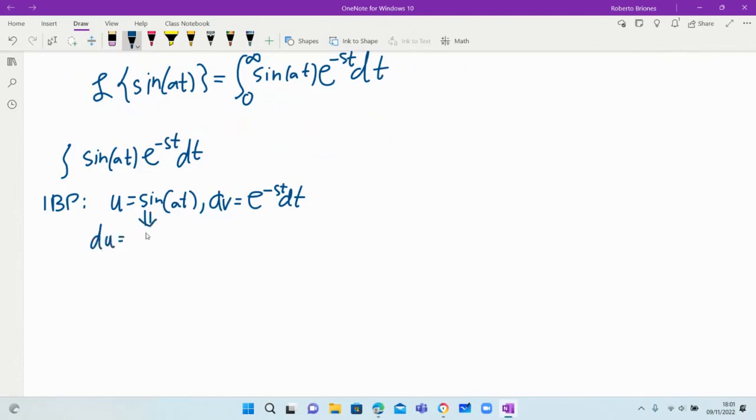The differential du will be equal to cosine at dt, and by application of chain rule, we put an a in front of the cosine. And similarly, v here will be e to the negative st, and by reversing the chain rule process, we throw in the negative 1 over s in front of e to the negative st.